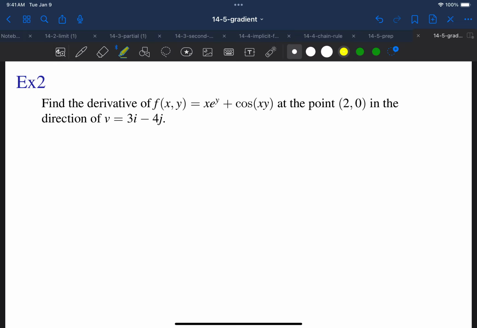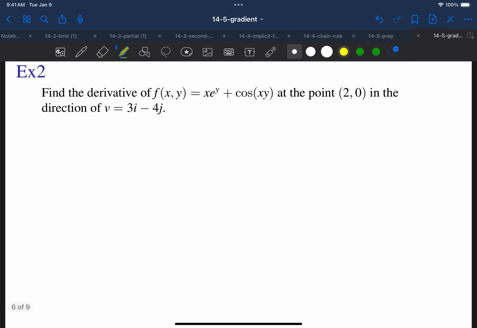So let's look at this computation, this example, and try to understand the theorem. There is a mountain surface given by f(x,y) in a formula, and your current position is (2, 0). Now you're going to move along the direction of v.